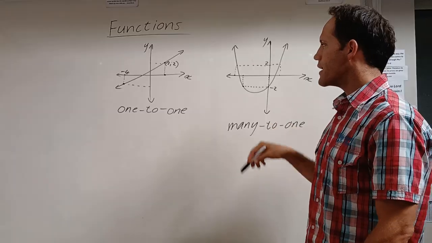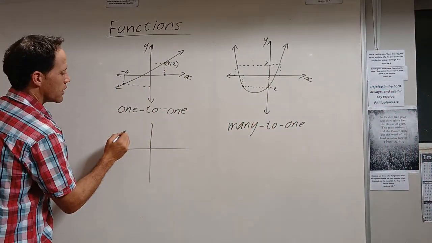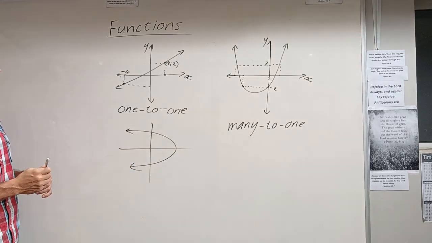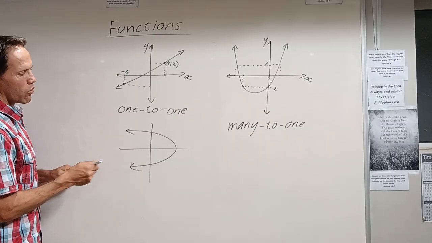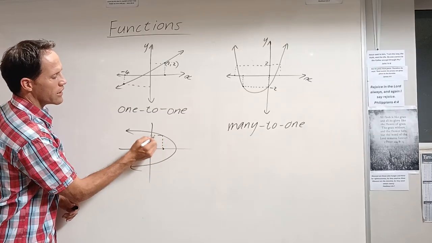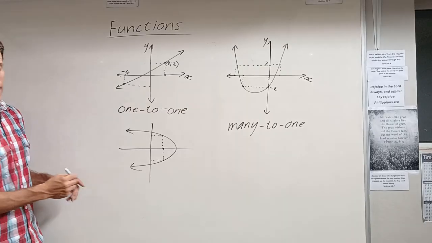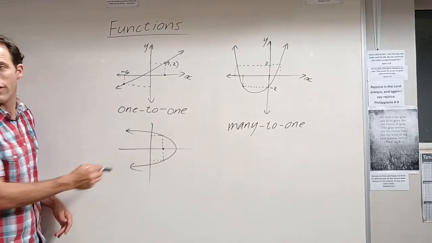Okay, but if I do a parabola like this, now if I put in one x value, I get two different y values. Let's say I put in the x value over there. Now I get a y value over there, and I get a y value over there. So for one x value, when I substitute, I get more than one y value now.